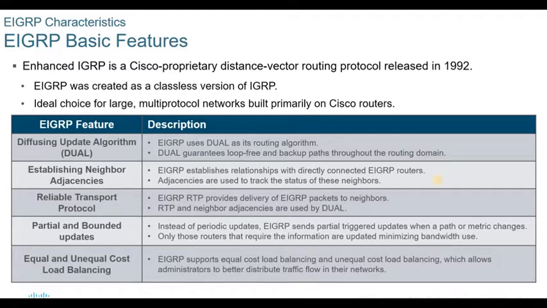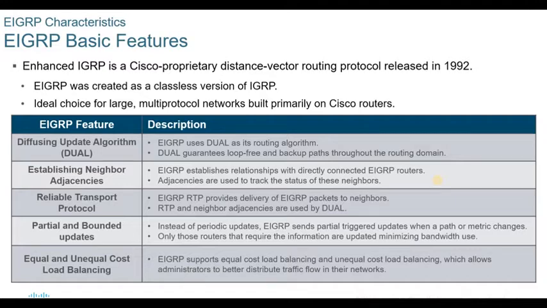EIGRP includes both of those features, so take note of that. However, EIGRP is still based on the key distance vector routing protocol principle. So though it is accepted that it has both link state and distance vector capability, EIGRP is still mostly considered a distance vector type of routing protocol.